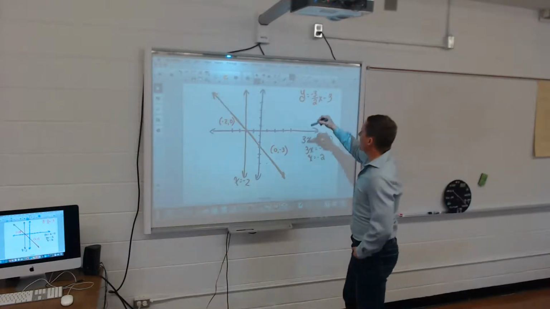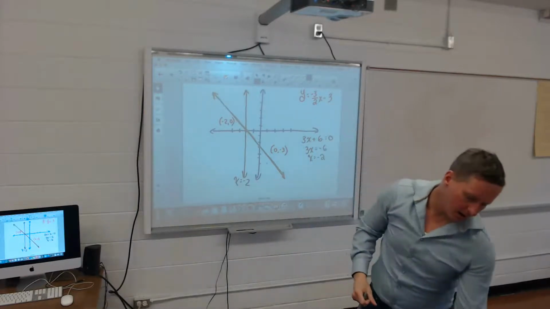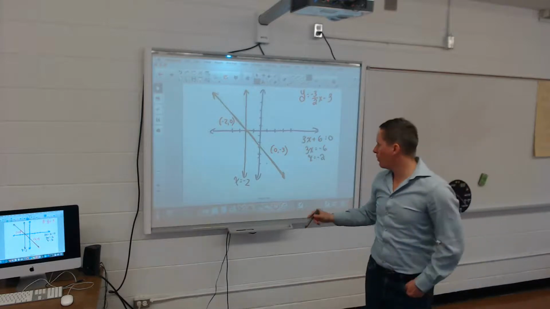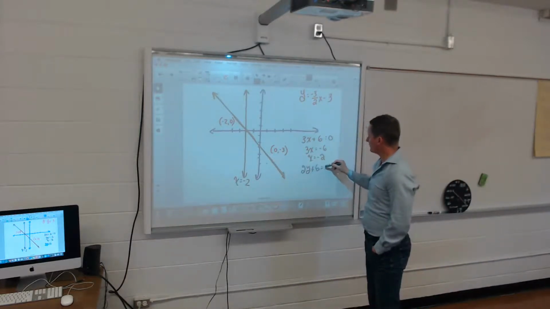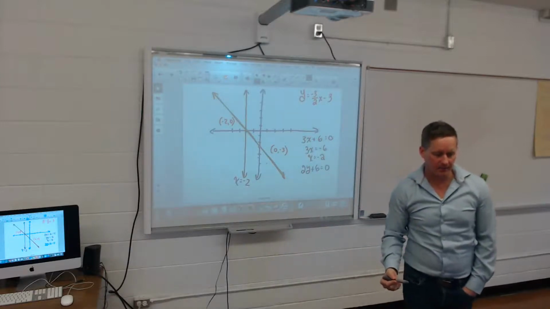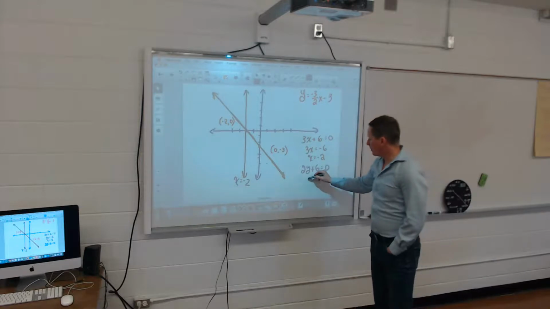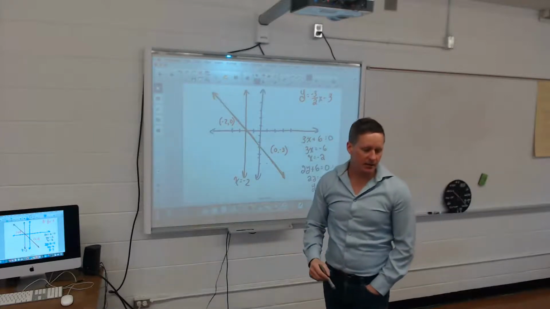And then if you look at the E part, it wants us to graph 2y plus 6 equals 0. Now there's no x here. So I get 2y equals negative 6. Y is equal to negative 3. So what is that line going to look like?